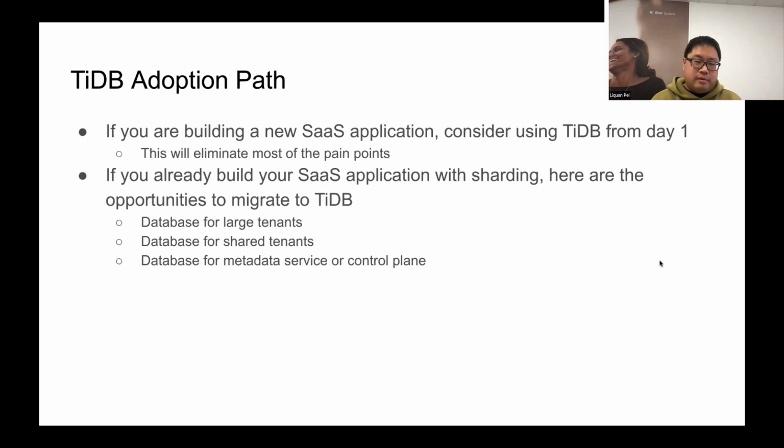And your metadata or control plane is also a good candidate for TiDB, because those tables are usually not sharded and are typically served with a single node database. But as you onboard more and more customers, that can become the bottleneck for the system. Those are also good places for you to start using TiDB.